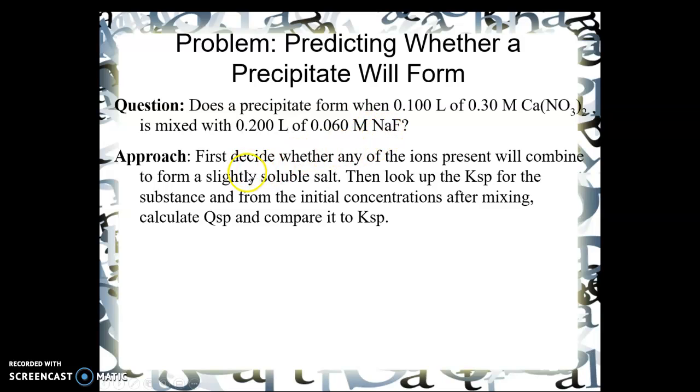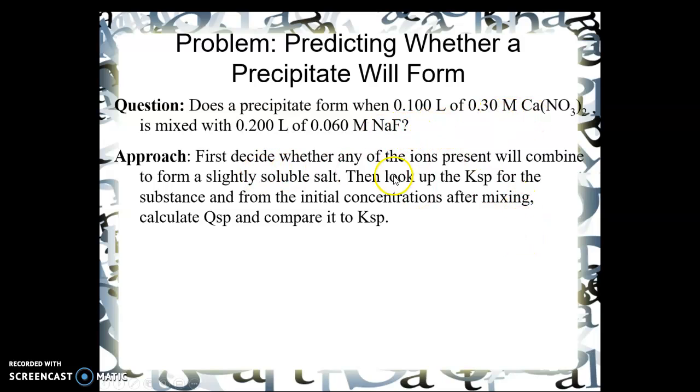Now you first have to see, is there any precipitation possible, or are we just forming very soluble salts? Well, remember, fluoride, unlike the other halides, when you react it with a lot of metals, it's not going to be very soluble.